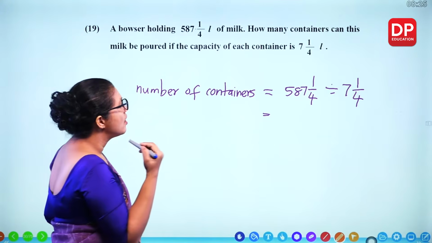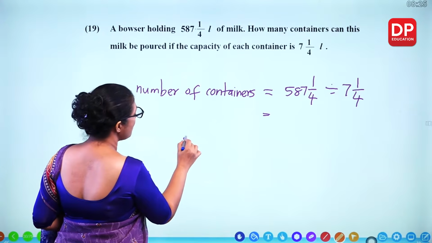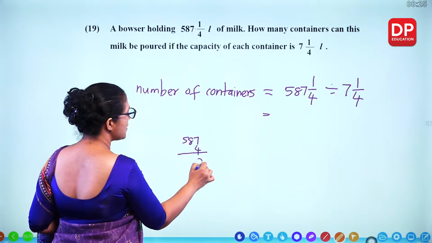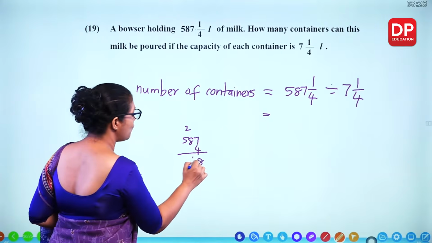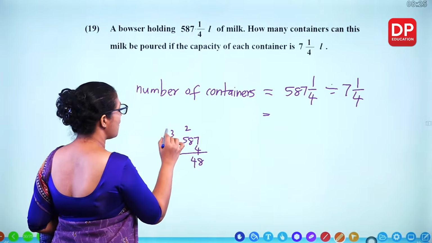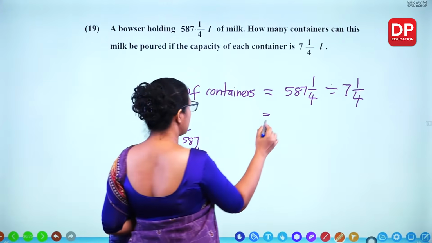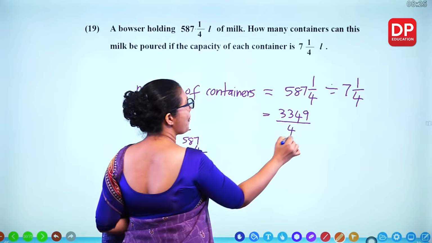What do you do? Convert to improper fractions. 587 multiplied by 4. 4 times 7, 28. 4 times 8, 32 plus 2, 34. 4 times 5, 20 plus 3, 23. And then add 1. 2349 divide by 4.